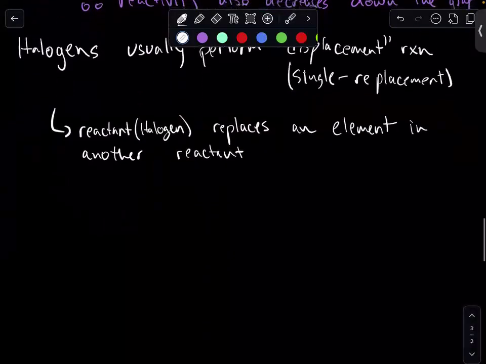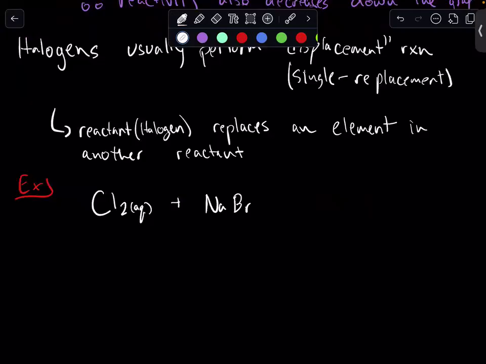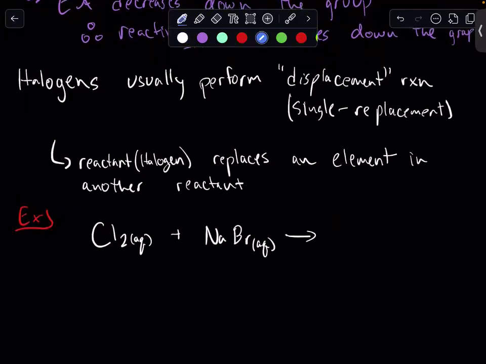We can look at chlorine dissolved in water, so it's aqueous, and we react it with, let's say, some metal bromide, NaBr, which is also going to be aqueous. As chlorine is more reactive than bromine because it has a higher electron affinity, what it will actually do is replace that bromine. And we get NaCl, table salt, still aqueous, plus bromine, which will now be dissolved in that water.